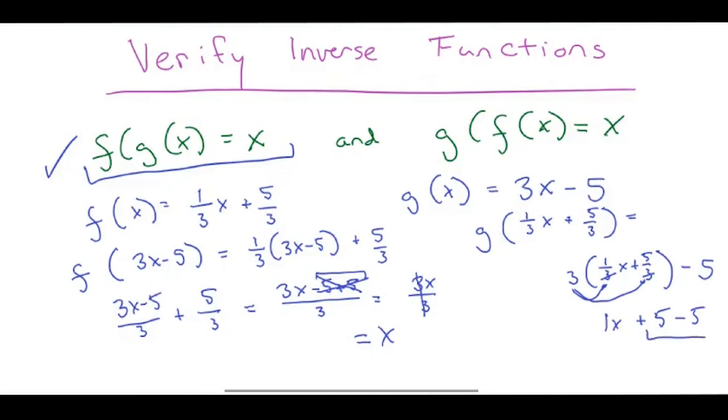Well, plus 5 minus 5 equals 0, so that cancels, and I'm left with 1x. And 1x is equal to x. So g of f of x equals x. Check. f of g of x equals x, check. So did we verify that these functions are inverse? Yes.